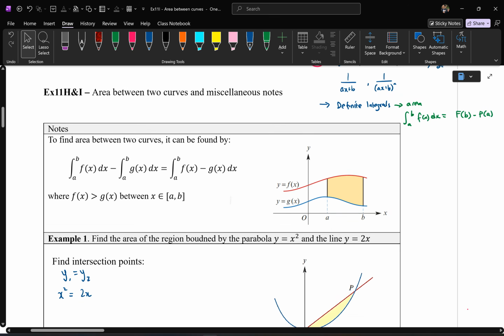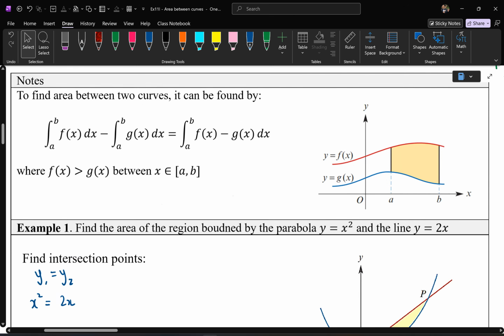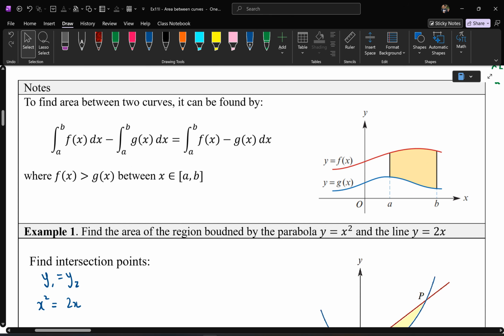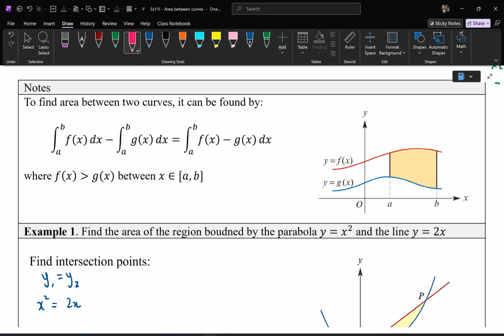I'm going to go through a couple of examples just to give you a vibe. But what is the rule for Exercise 11I? Area between curves is given by this formula here.